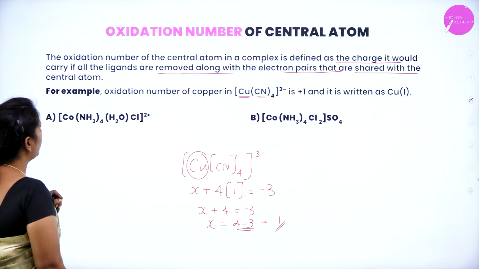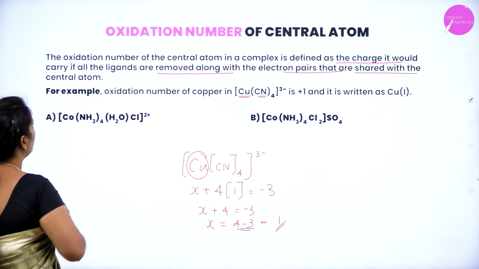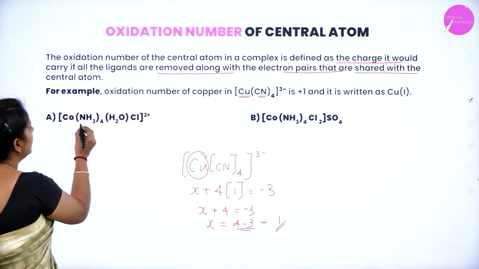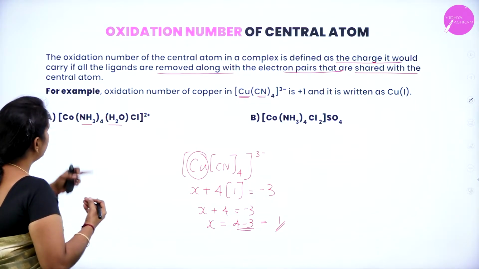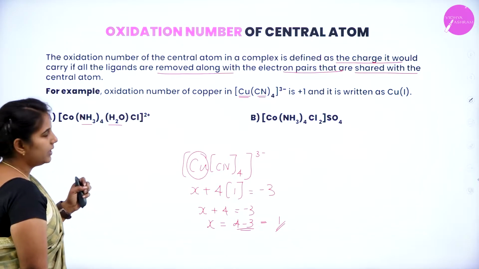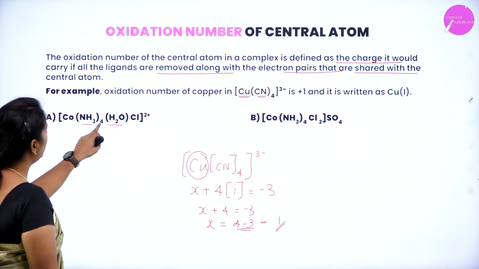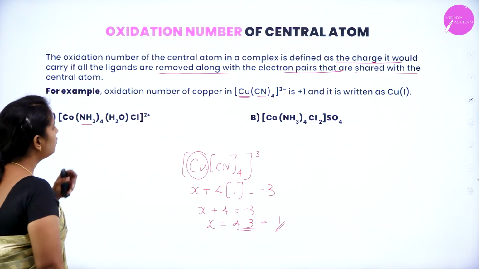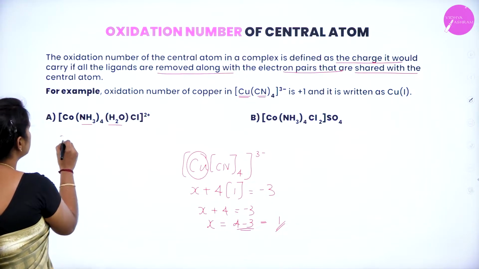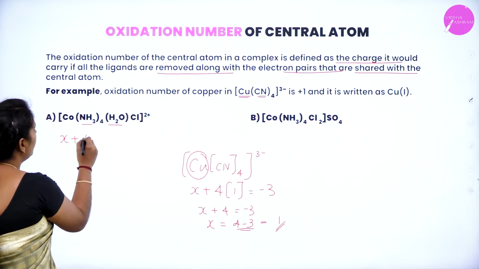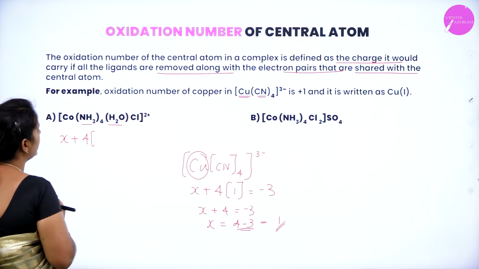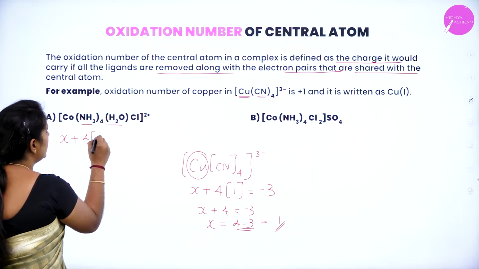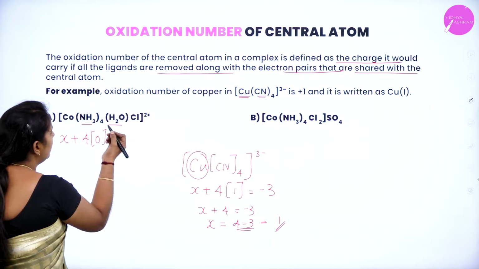I will go with this complex. I will take the cobalt as X, which is the central metal atom. You can see that it has been coordinated with 2 different kinds of ligand. It will be ammonia and water, and again we have a chlorine. How to calculate this? I will take note of this as X plus 4 into the oxidation number of ammonia, which is 0, plus for the water it is also 0.